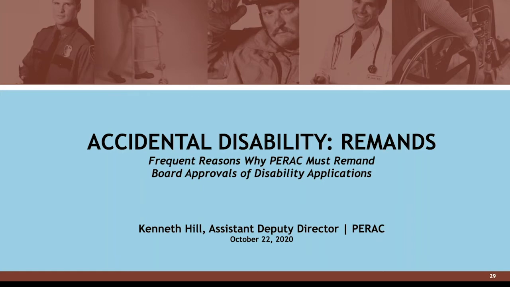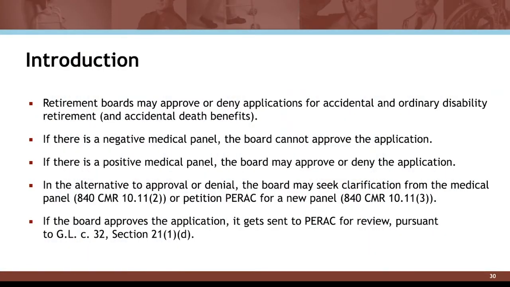I'm going to give several real world examples that we have recently done. I want to thank the newest member of the legal unit, Felicia McGinnis, who helped me accumulate a lot of the information on those remand letters. So thank you.